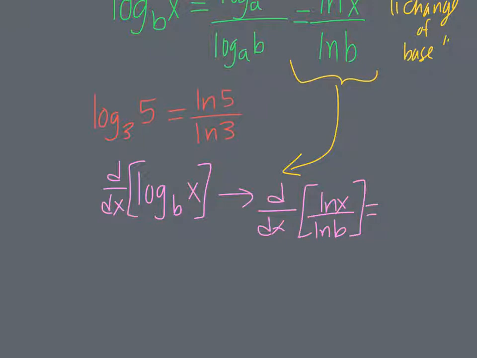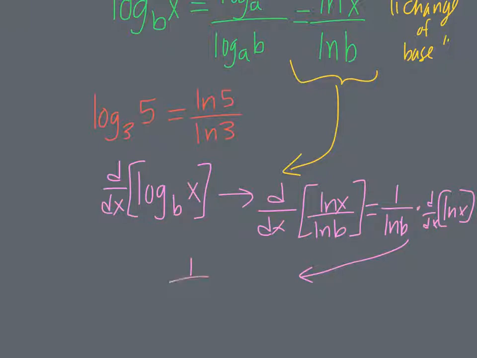So I could rewrite this even further as 1 over the natural log of b times the derivative of the natural log of x, because you can always just pull a constant out in the front. 1 over the natural log of b, it's like saying 1/2 or something, is a constant.